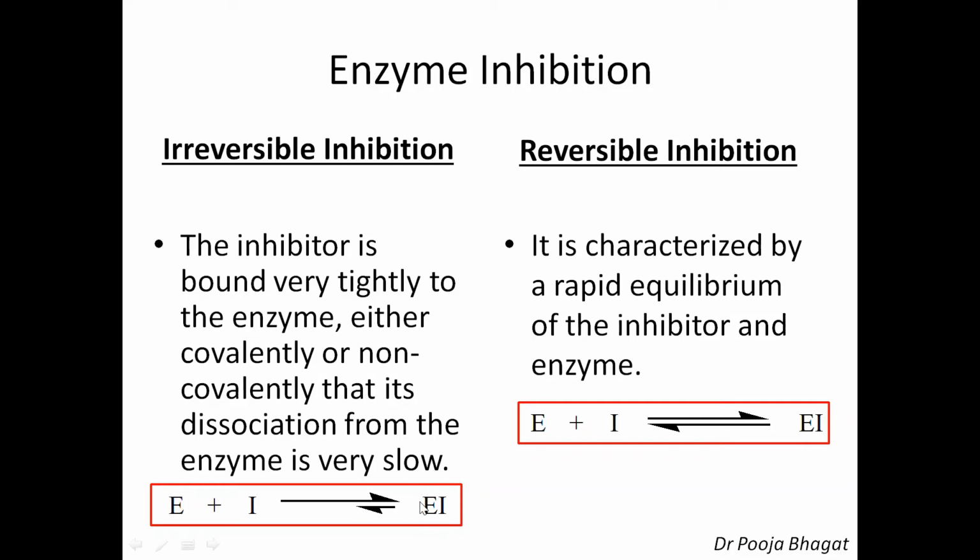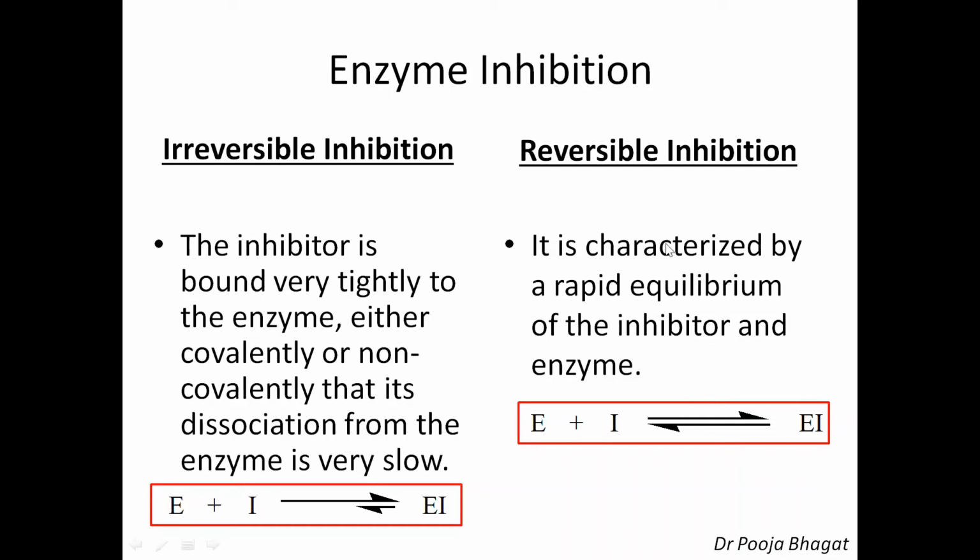That means now the enzyme is not available for the substrate molecule to form the complex and hence give the product. And since this complex is strong, this inhibition is irreversible inhibition. This inhibition cannot be reverted back.